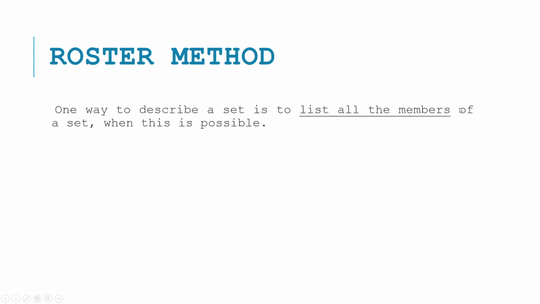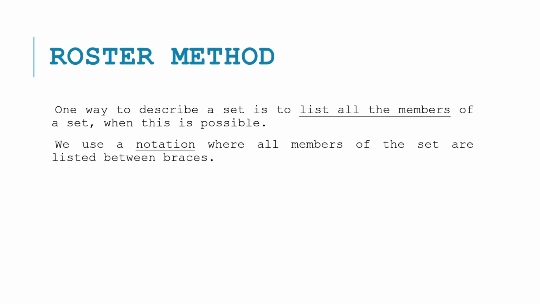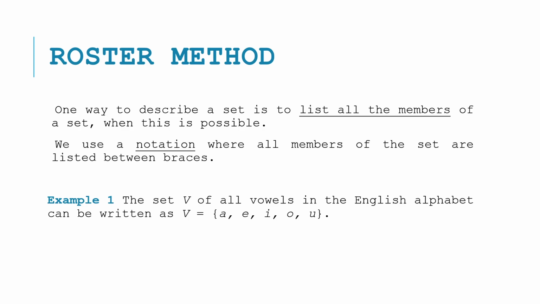The roster method. Okay, one way to describe a set is to just list all the members of a set when this is possible. We use a notation where all members of the set are listed between braces. So let's say we have here a set V that would represent the set of all vowels in the English alphabet.